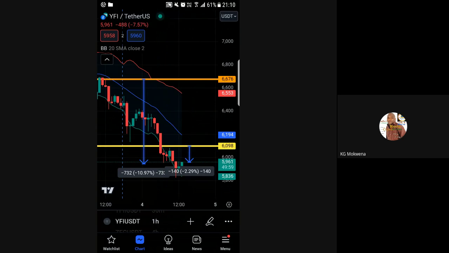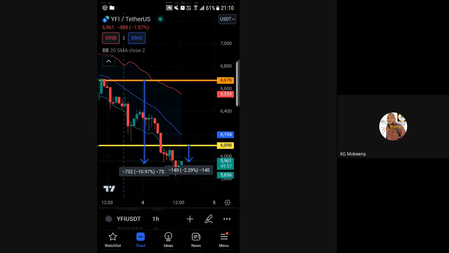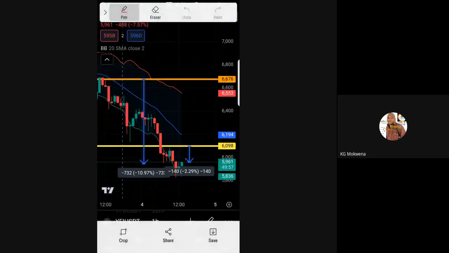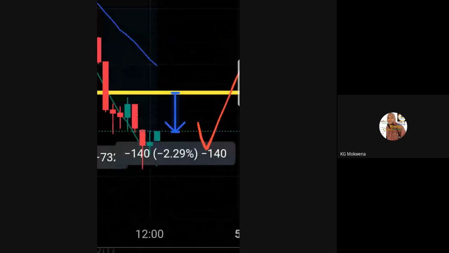So now, business partners, we are getting information. So what are we learning now? We are learning that position number 5, to go into profit, is only floating with -2.29%.